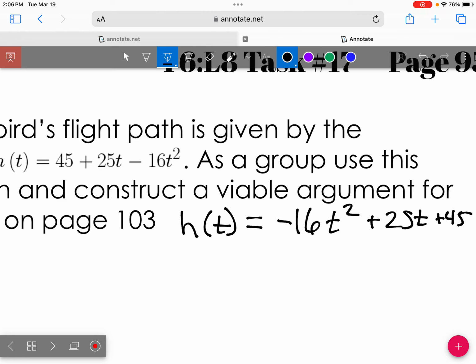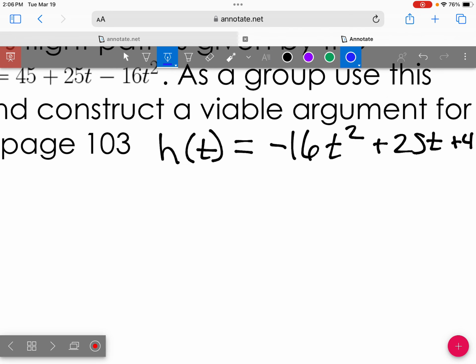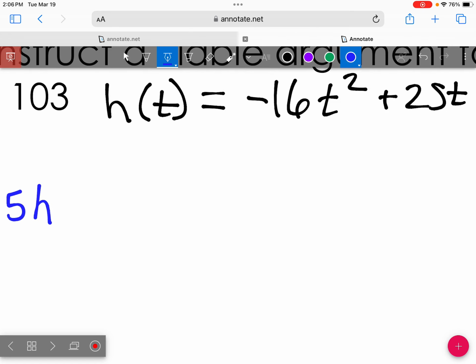If I want to know if a pig at 45 can be hit, what would we do? How could we even start? Substitute it in for what? Not for B. For H. If I want to see if the pig at 45 height can be hit, we can substitute that in place of the height.